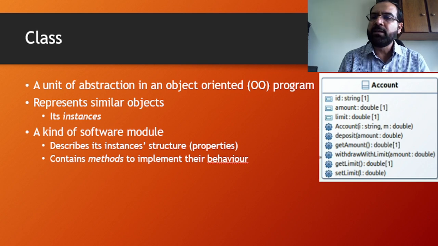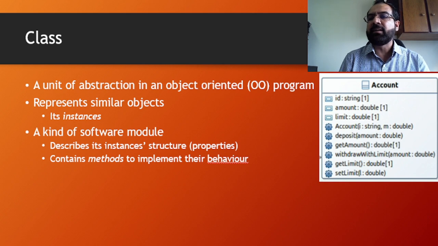For example, in a university system there are students, so student itself can be categorized as a class, and there are certain objects, the students, representing various IDs. Those are the instances of the class. Similarly, you can see one example here about an account. Account can be represented in a banking system as a class.